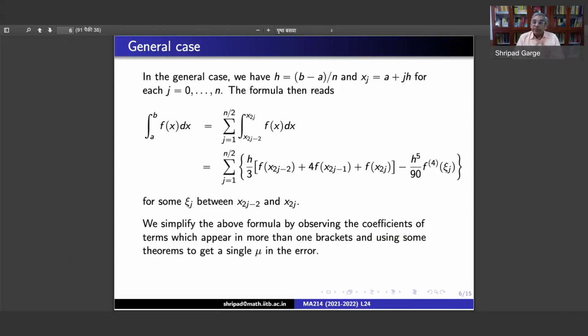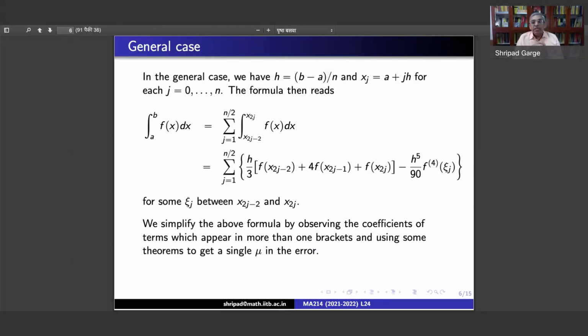We simplify this formula. This is a long formula, and we are going to simplify. h is anyway going to be common, so we can pull h out. You will also have several parts appearing inside with the same coefficients. So there is this 4 f of x2j minus 1. These odd numbered nodes are going to come with multiplicity 4. Their coefficient is 4.